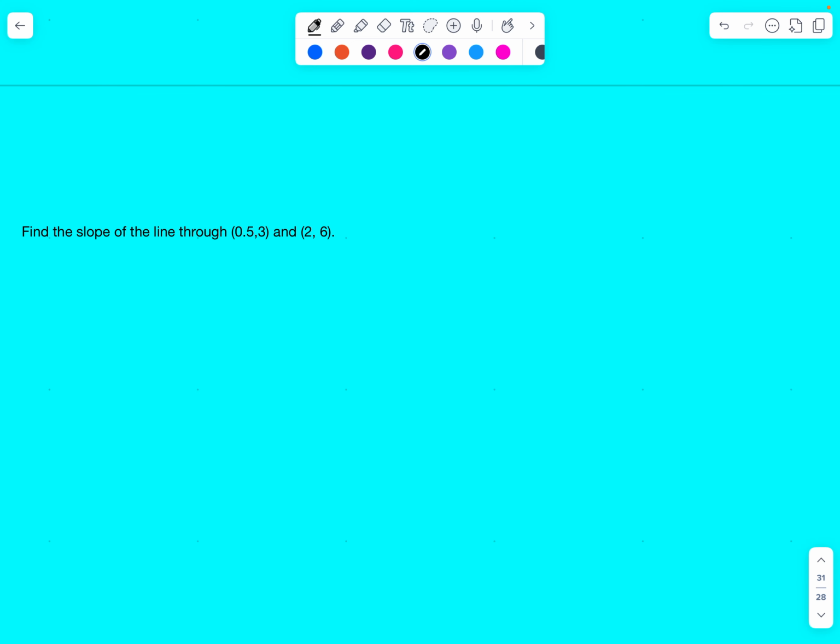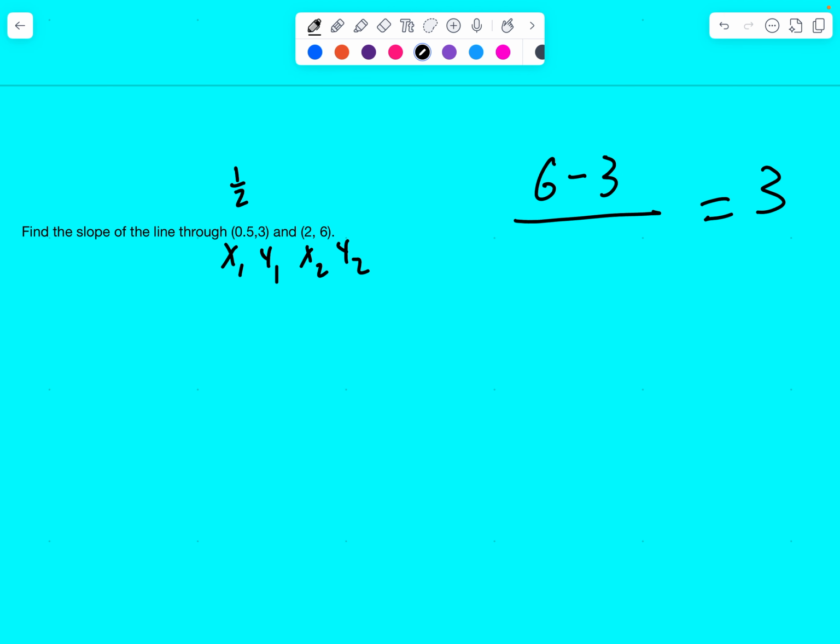All right. Find the slope of the line through (1/2, 3) and (2, 6). I verbalized it as 1/2, or you could say 0.5. It literally doesn't matter. So this is x1, this is y1, this is x2, this is y2. What's 6 minus 3? 3. What's 2 minus 0.5, or 1/2?